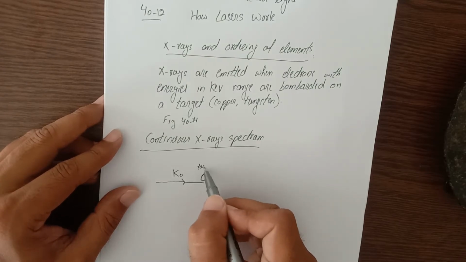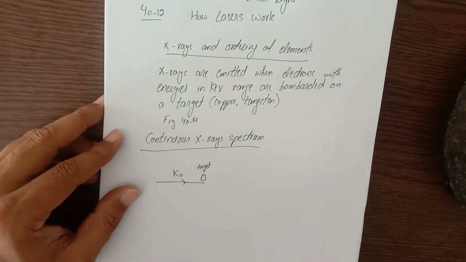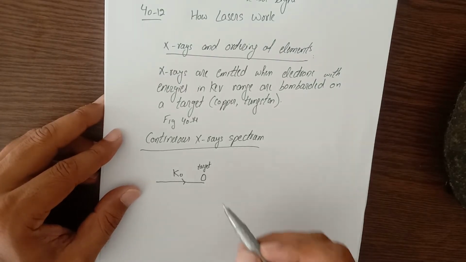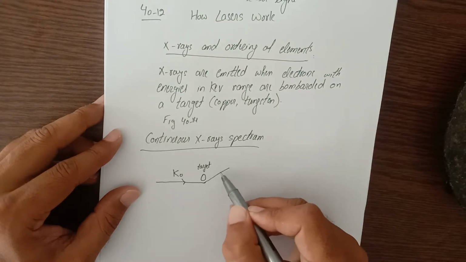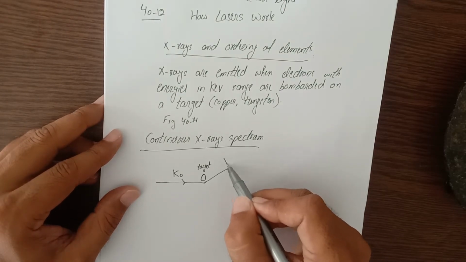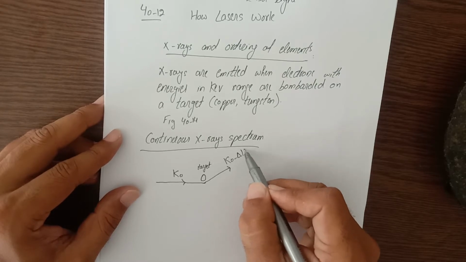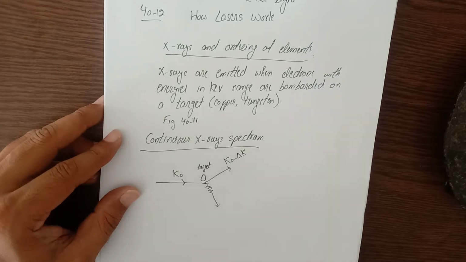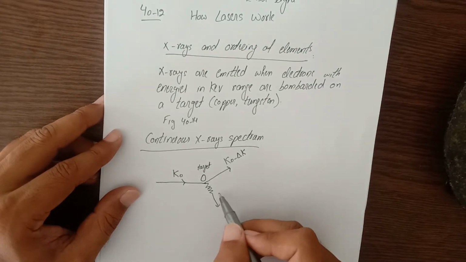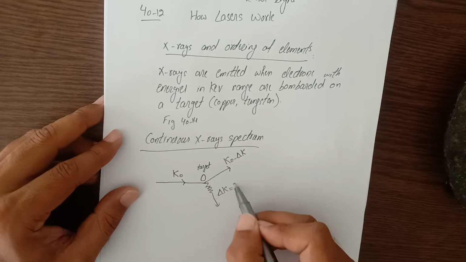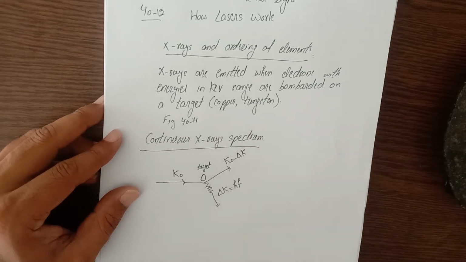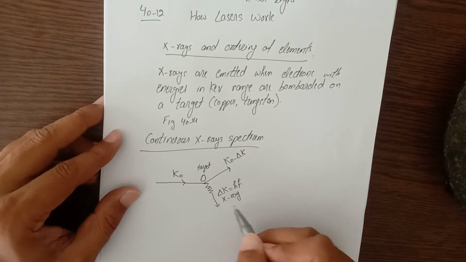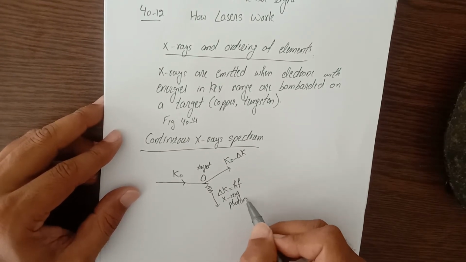It loses some of its energy in the form of a photon, and its energy becomes K minus delta K. That electron moves on, and this energy delta K is released in the form of a photon, given by delta K equals hf, and this is known as an X-ray photon.